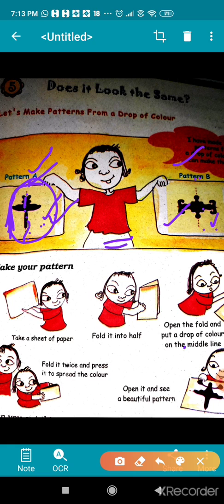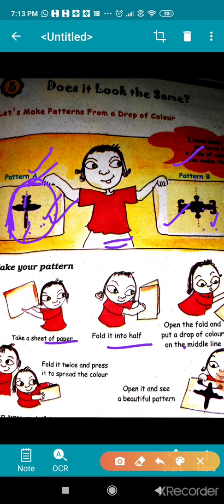Children, you can make such type of figure by your own. For that, you have to take a sheet of paper, then fold it into half, and then you have to open the paper and put a drop of color on the middle folded line.